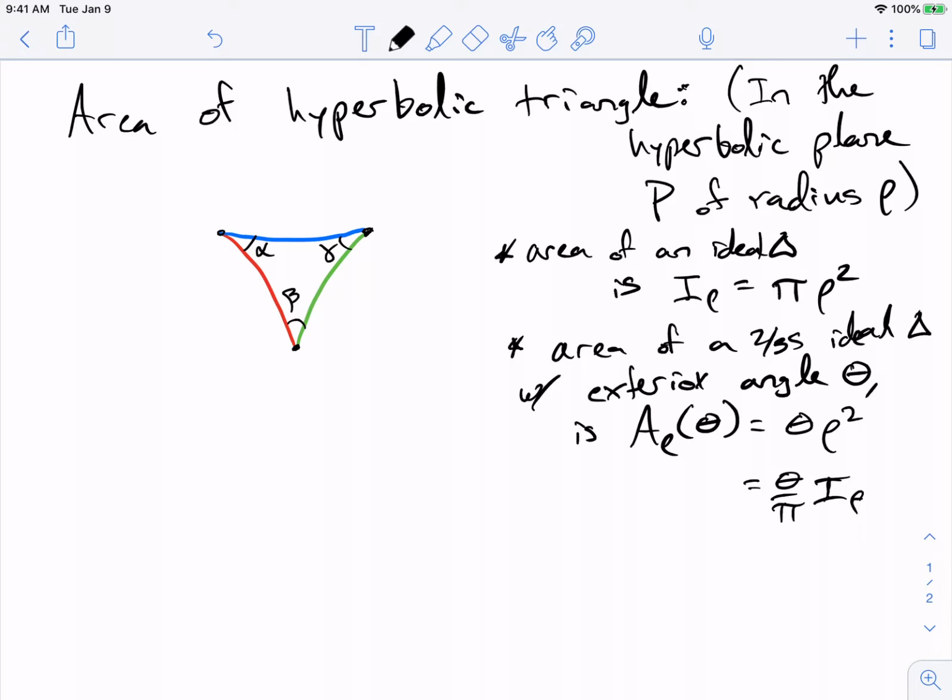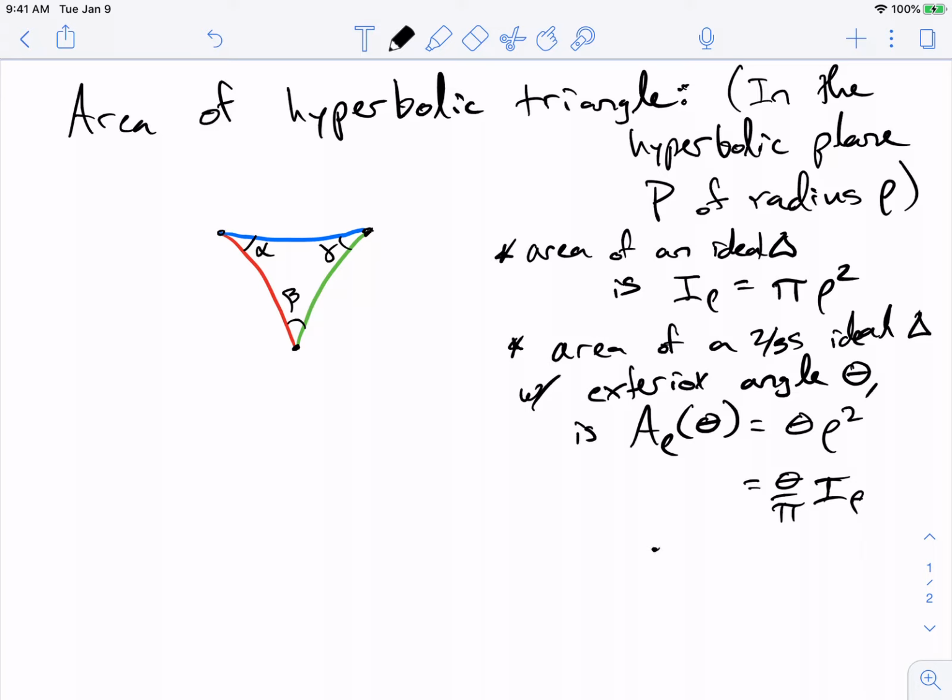So kind of like we saw with the lunes, the area of a lune was some fraction of the surface area of the whole sphere. Here, the area of a 2/3 ideal triangle is some fraction of the area of an actual ideal triangle.